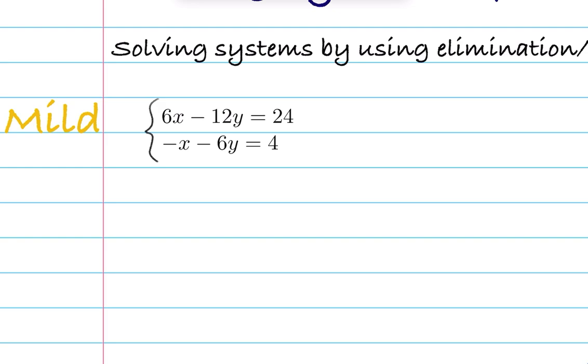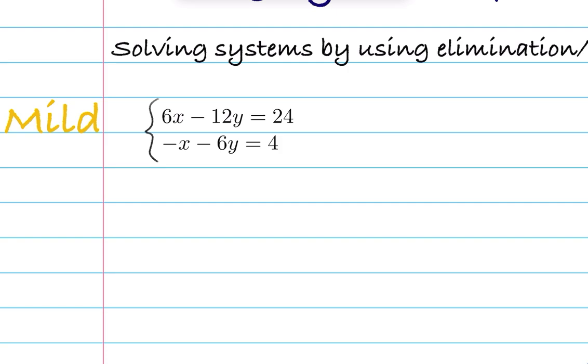For instance, what we have here is 6x minus 12y equals 24 and negative x minus 6y equals 4. I want to make this guy and this guy become the same number but opposites. Well, this is already positive and this is negative, so all I would need to do is multiply this bottom equation through by a 6, and then I'd have the positive and negative that I want.